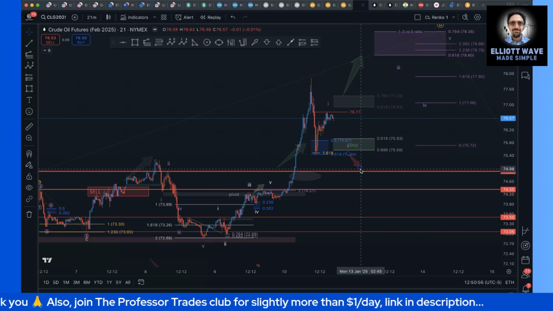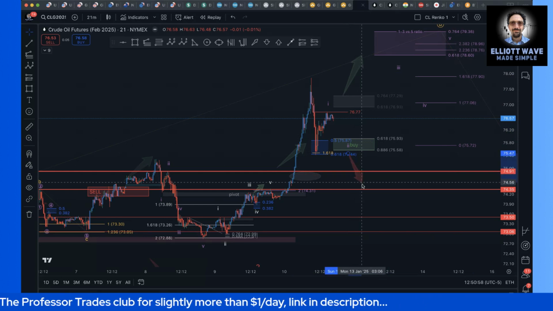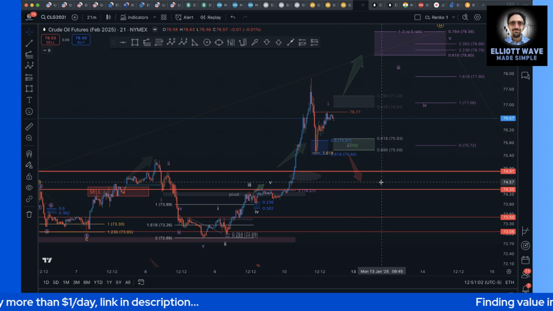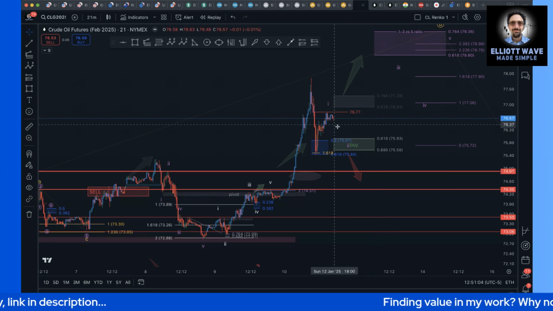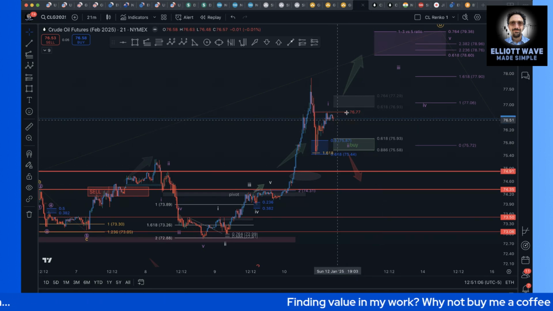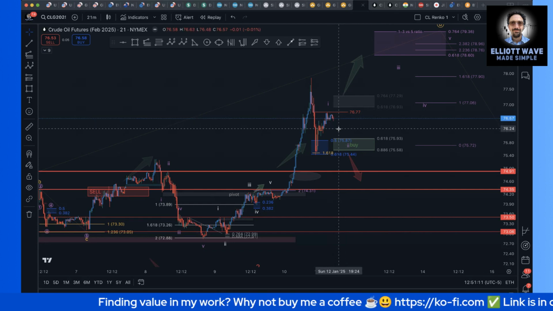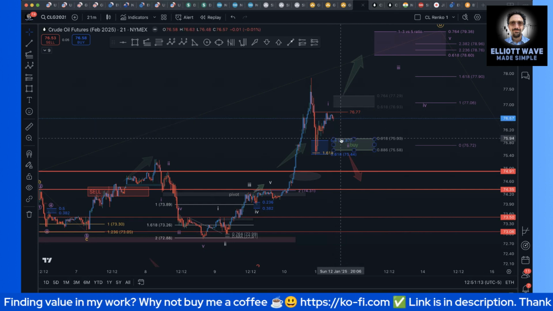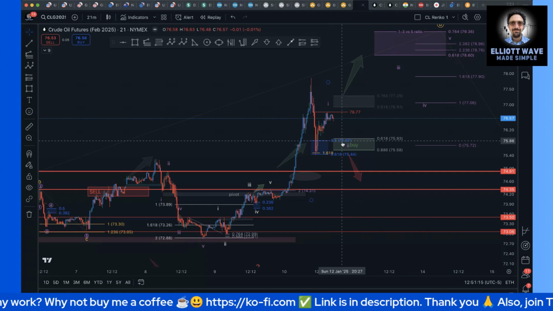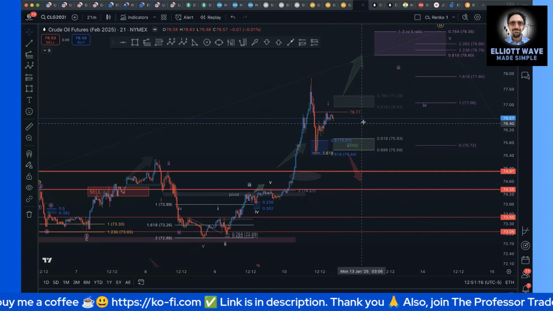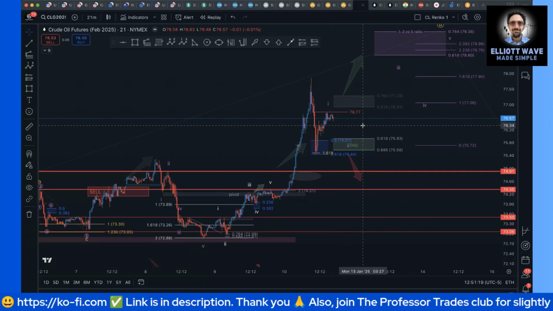So if it's going to lose that support, I think it comes down into here. So what I'm planning to do is let it move around after the open. You know what I would love to see is a gap down and then let it run down here into the 618, because then I'll be buying with the idea that this, and by the way, here's another Elliott Wave idea.